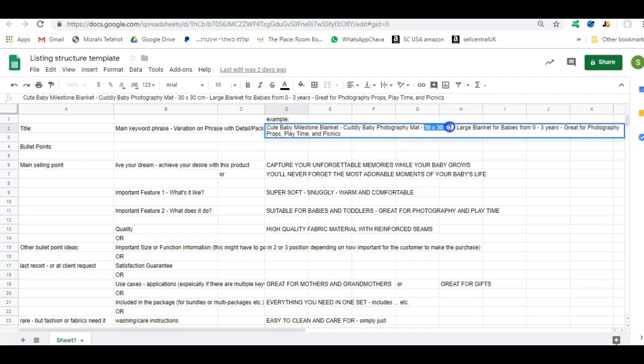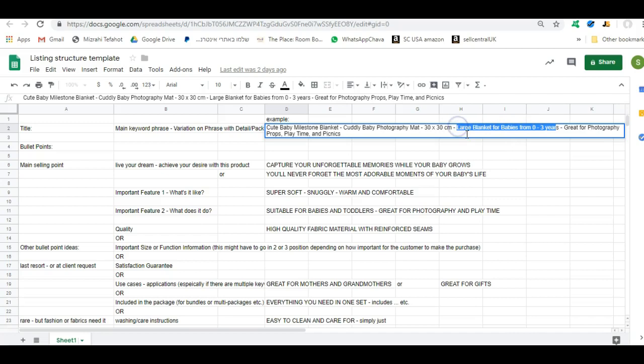Then I put the size, and then I again used a different term or variation, a keyword that refers to the product. It's a large blanket for babies. So the word blanket is repeated, but now I'm describing it differently. That's one of the keyword phrases in this case. From 0 to 3 years, right?